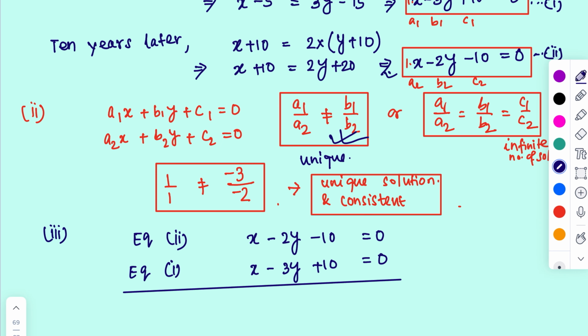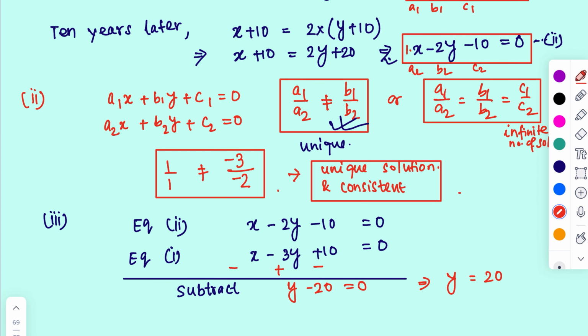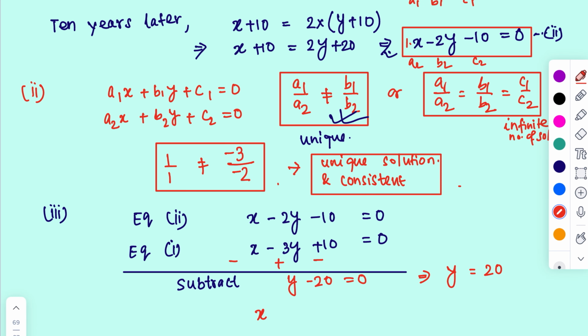So if we subtract, we will get y minus 20 is equal to 0, or y is equal to 20. If y is equal to 20, put the value of y in any one of the equations, then we will get x.